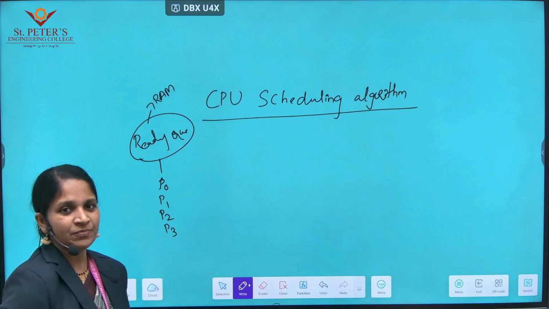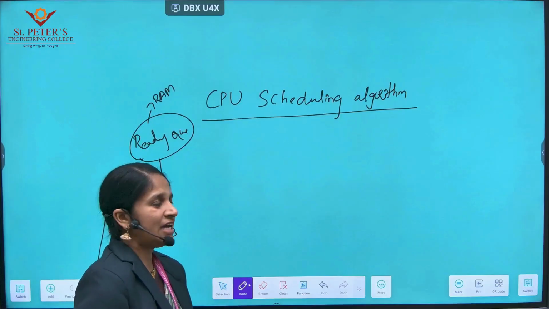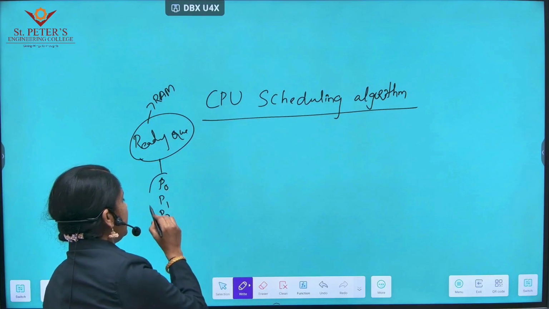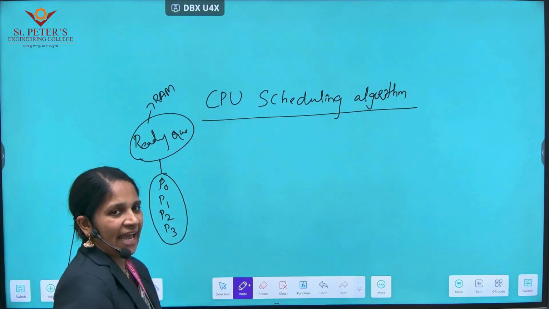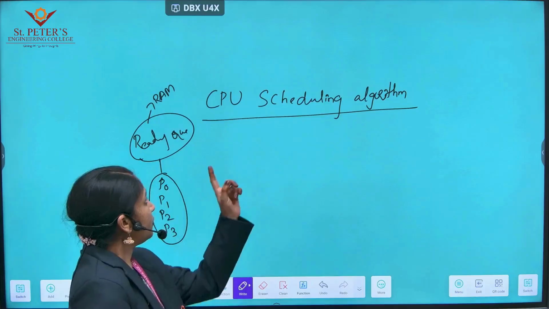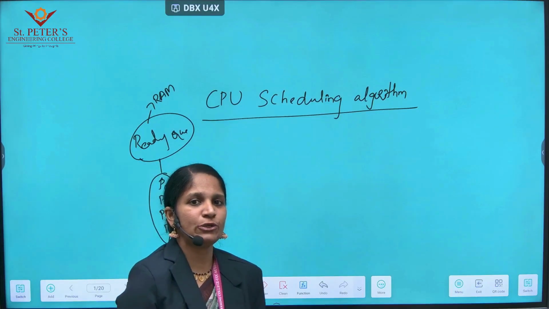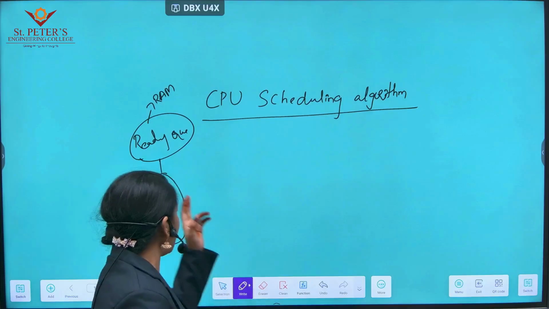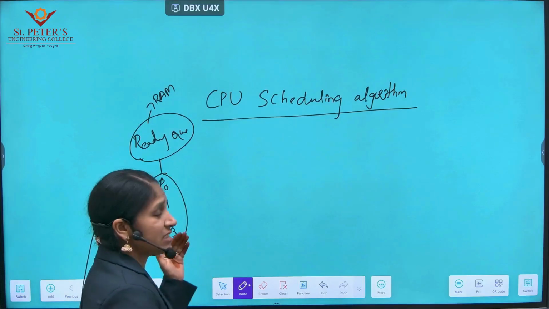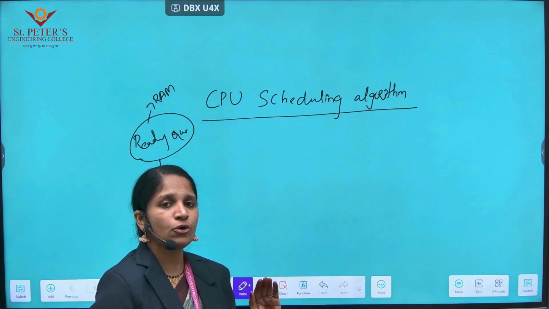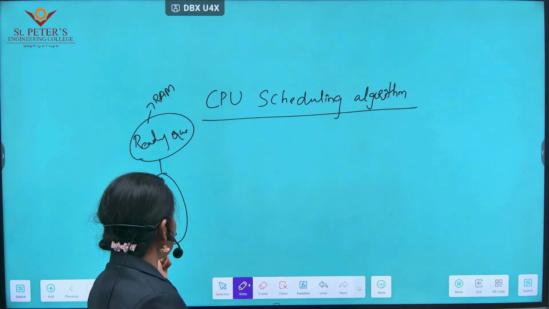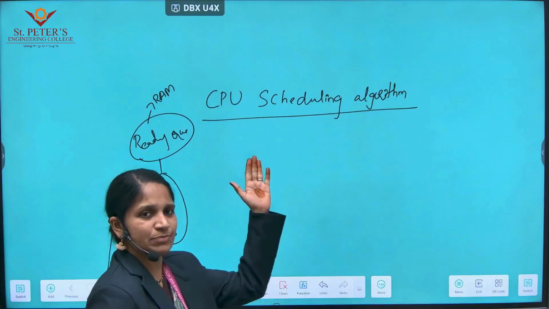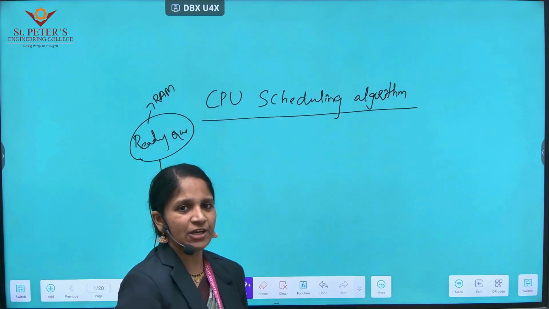We use the CPU scheduling algorithm. Multiple processes are executed based on the CPU scheduling algorithm.